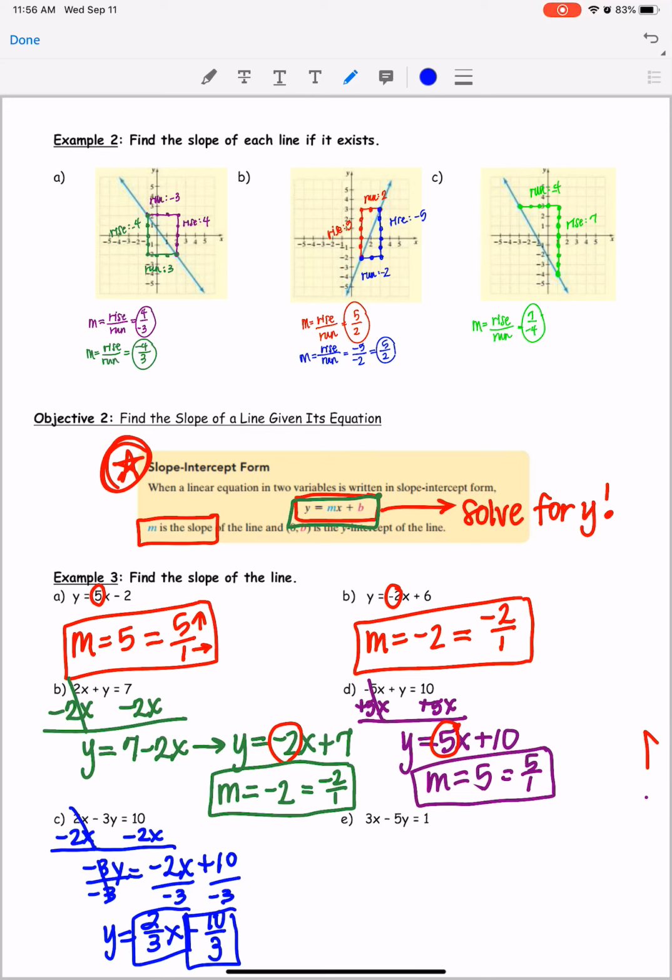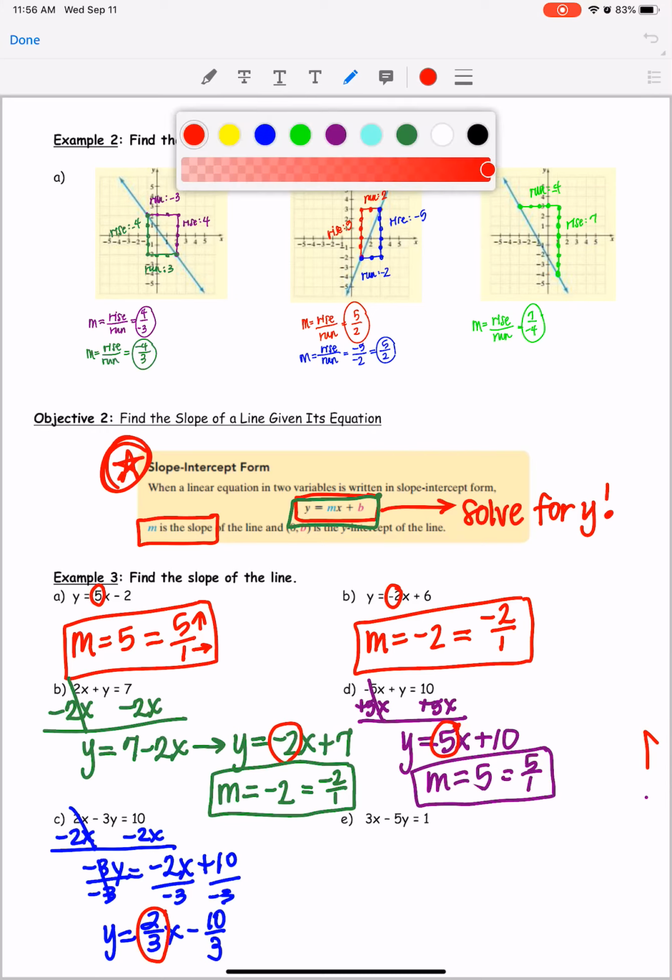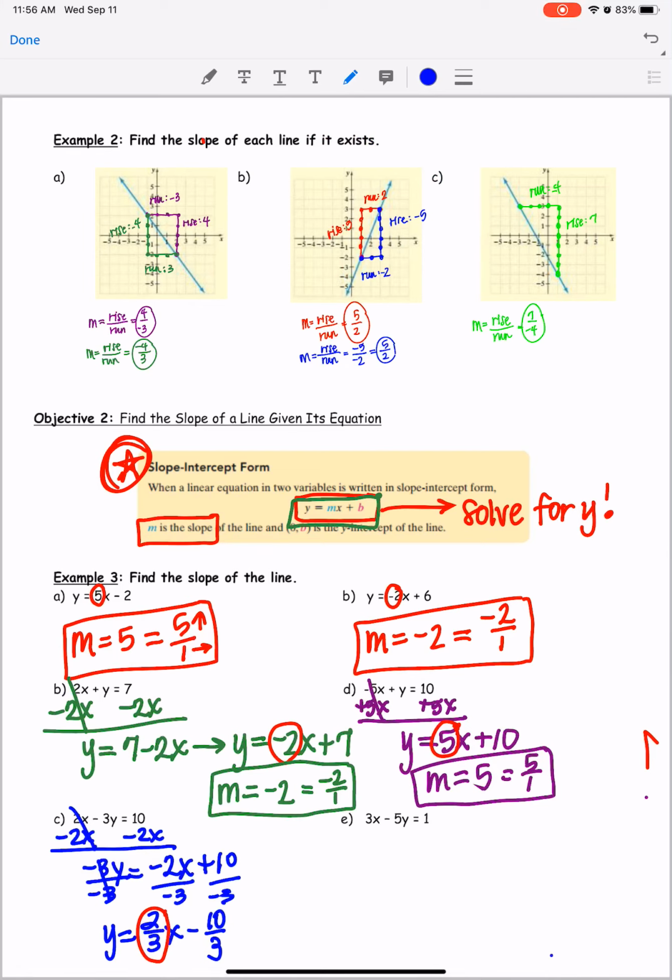It's not as nice to get fractions here, but luckily we're not graphing or anything, so I know my slope. And that was the whole goal. So since I've got y by itself, whatever's in front of the x is my slope. So in this one, we get m equals 2/3. It's already a fraction, so I don't need to do anything else to it.